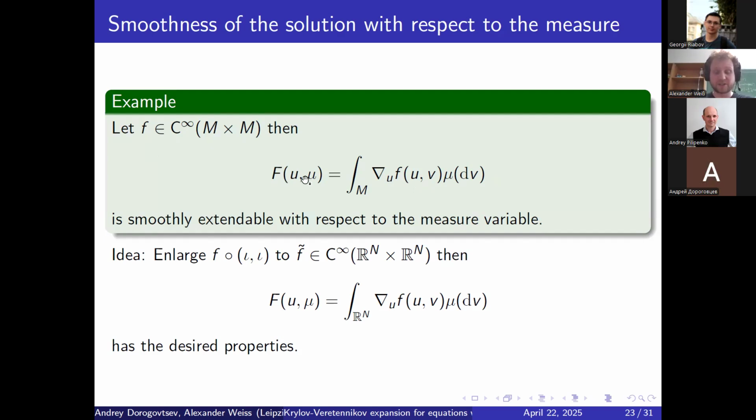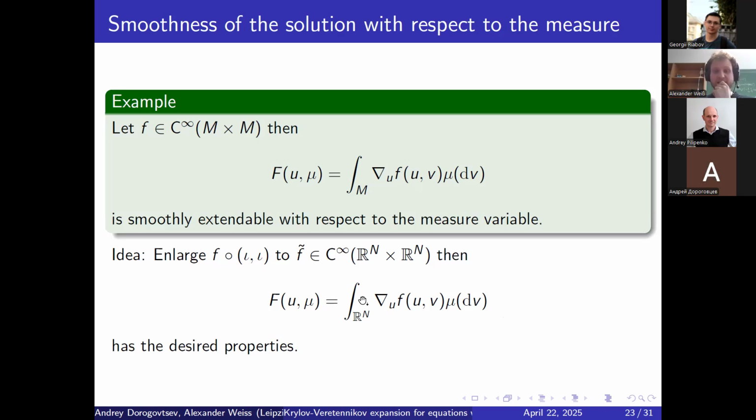This vector field has this property of being smoothly embeddable. And the idea how to show this is to enlarge the function to not only be from our manifold, but enlarge it to the entire Rn times Rn, and then look at this functional.